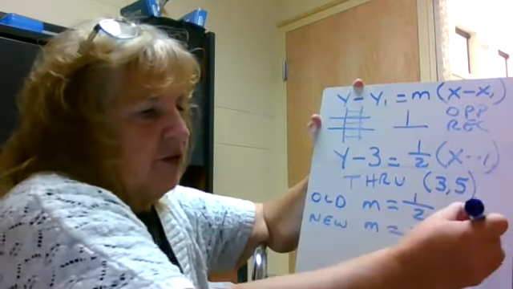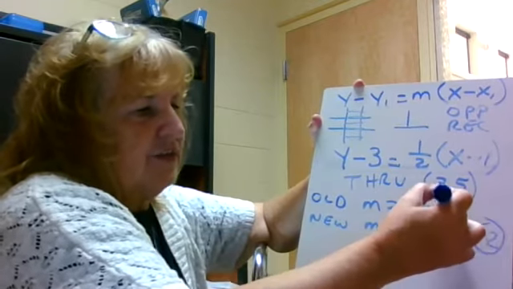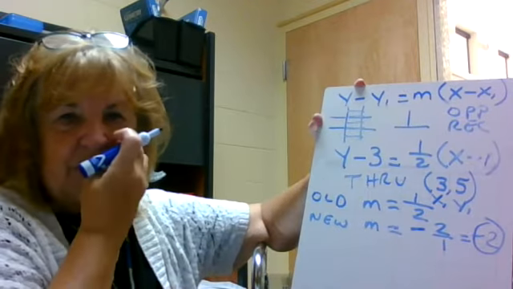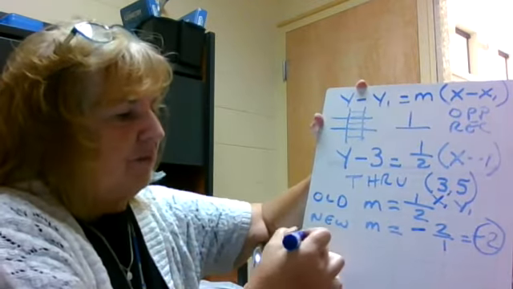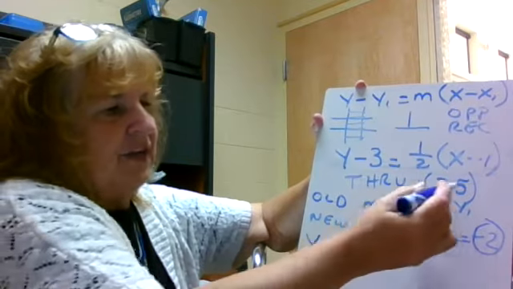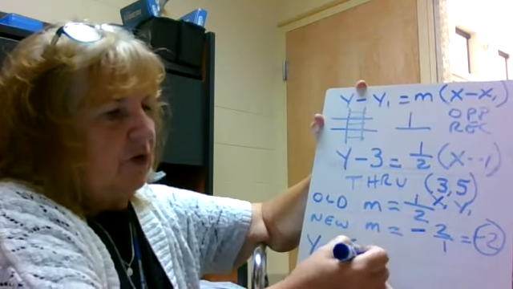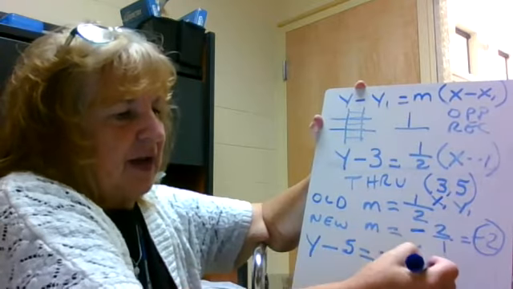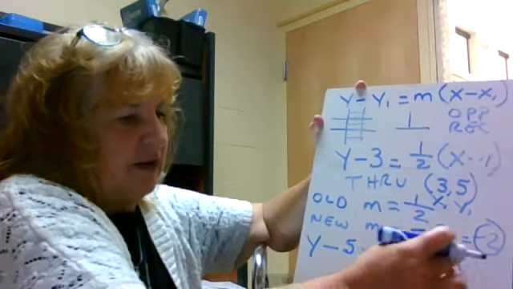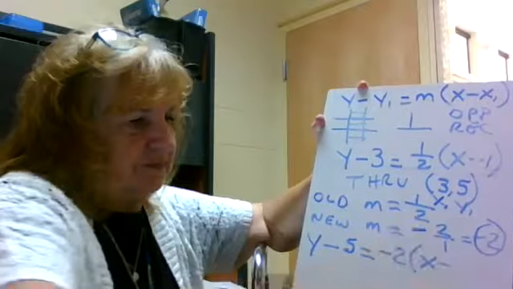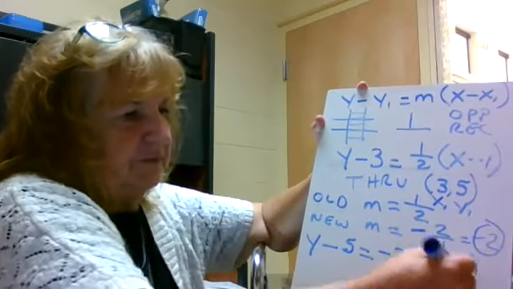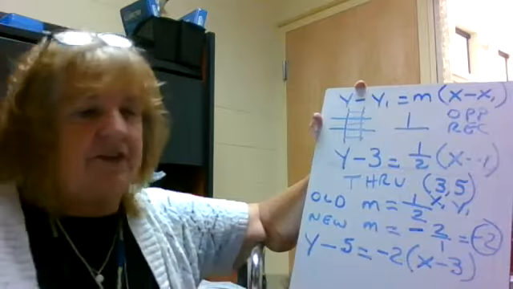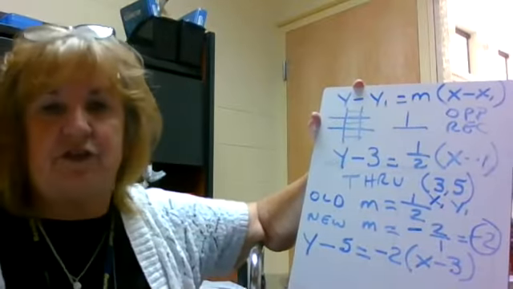So this is my slope, and this is my x1, y1. Now we just put it into point slope form. Y minus y1 equals, my new slope is -2, x minus x1. And the direction said, what is the point slope form? Well, this is point slope form, so this is the answer to the problem.